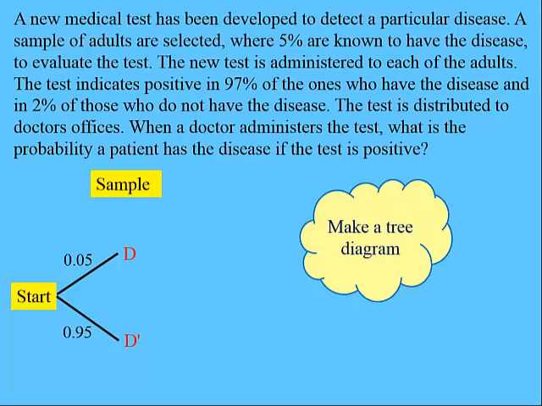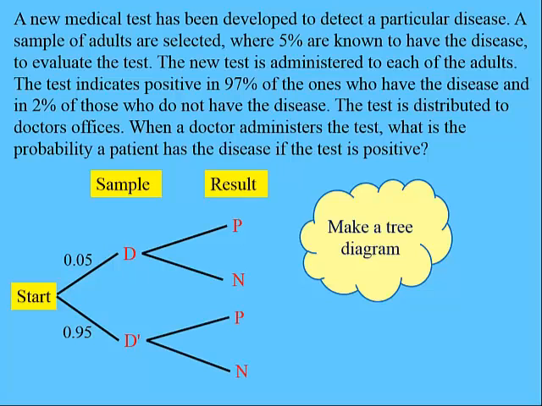And then we administer the test. These that had the disease took the test. Some of them had a positive result, some of them had a negative. Same thing with the other ones. We're told in this sentence, the test indicates positive in 97% of those who have the disease. Here's the ones that have the disease.